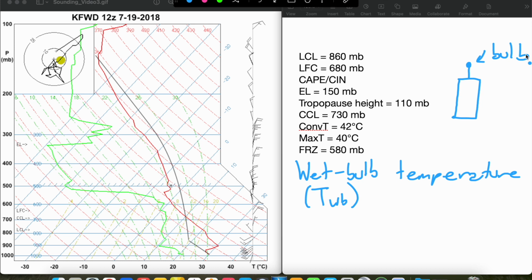Let's do an analogy to help you understand what the wet bulb temperature shows. Let's say you are in the middle of the southern plains in the summer, where the air is really, really juicy, really moist. And let's say you do some vigorous exercise outside, and you're sweating quite a bit. Well, you'll notice that your sweat does not really evaporate off you that well, because there's so much moisture already in the atmosphere.